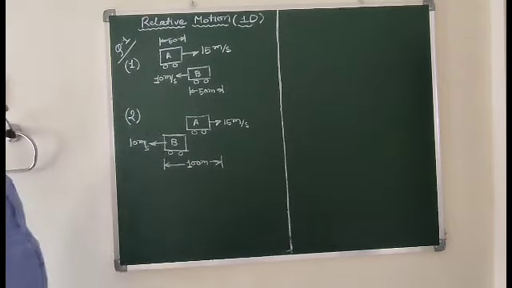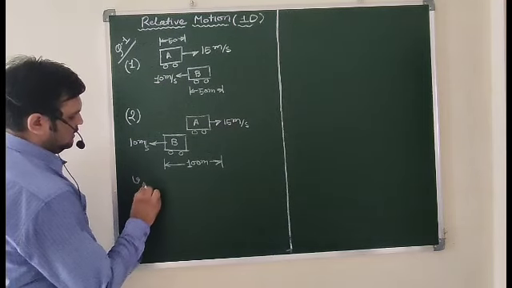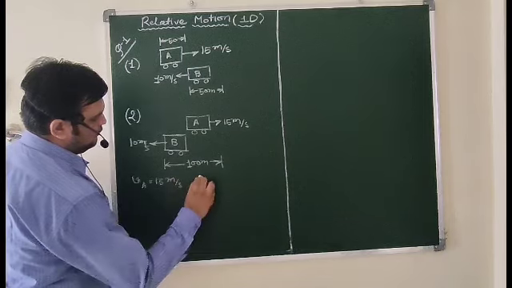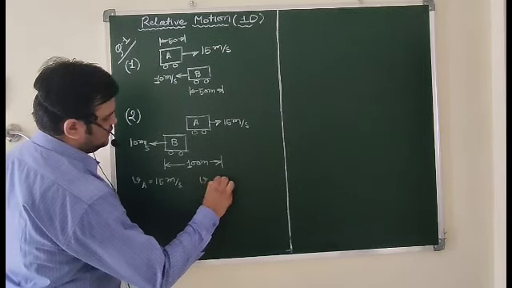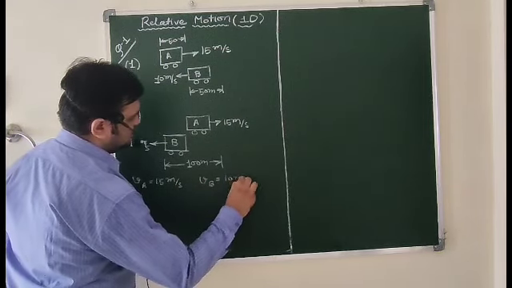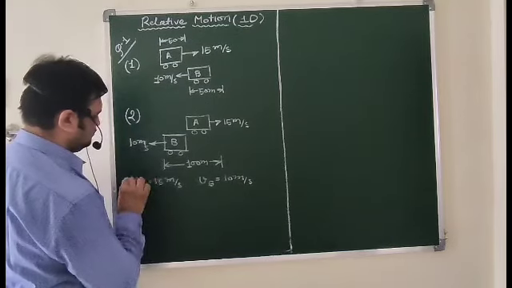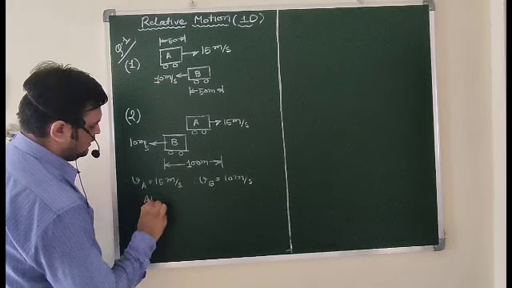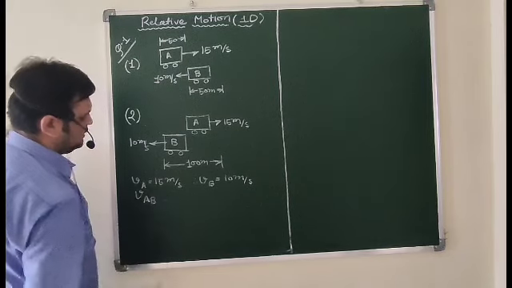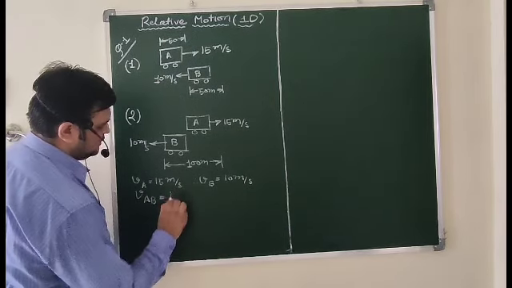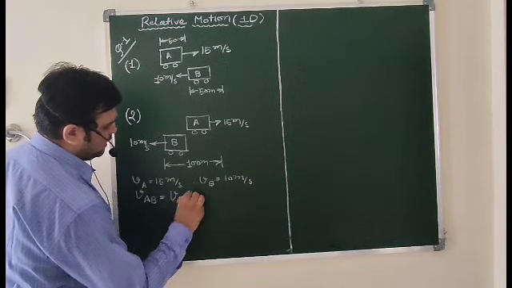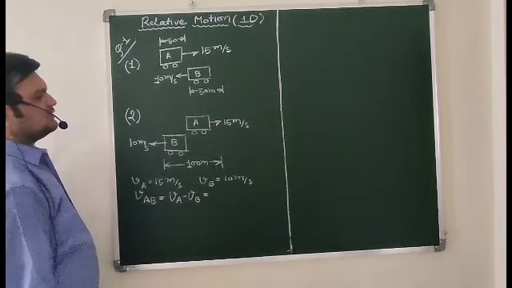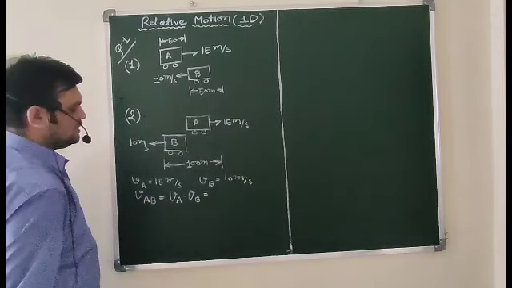So here VA is 15 meters per second, VB is equal to 10 meters per second. Now the relative velocity of A with respect to B, that is VAB, is equal to VA minus VB, as both the trains are moving in the opposite direction.